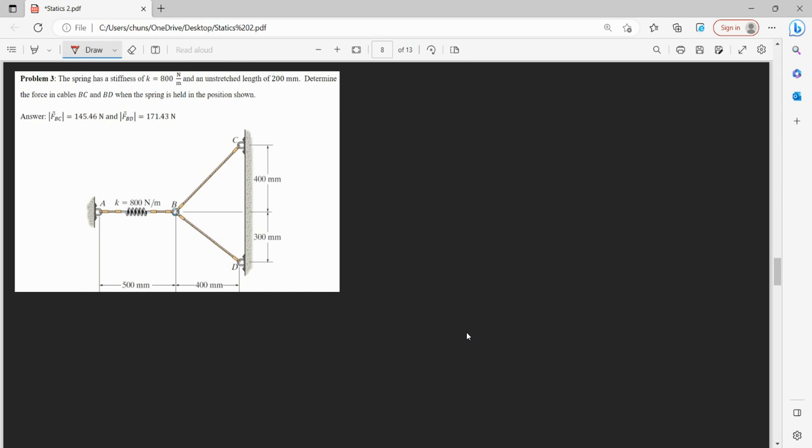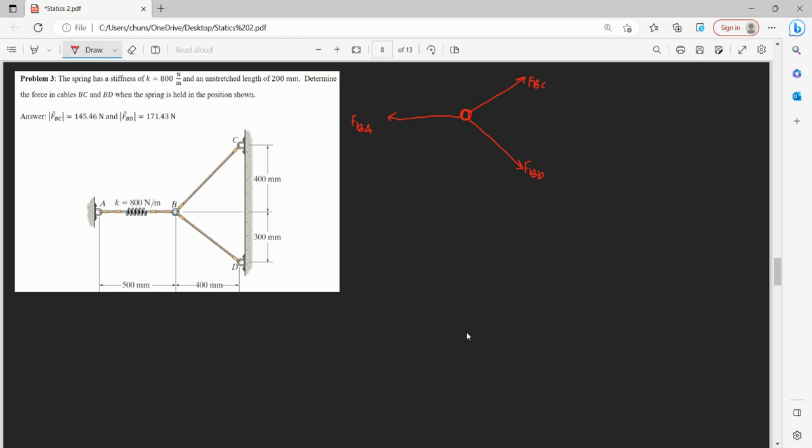If we were to draw a free body diagram for B, we want to select B because it's got the most stuff happening to it. There's this force FBC, and we know that cables are in tension, so we want it to point away from point B. And we have FBD, and then we have FBA, which is held by a spring.